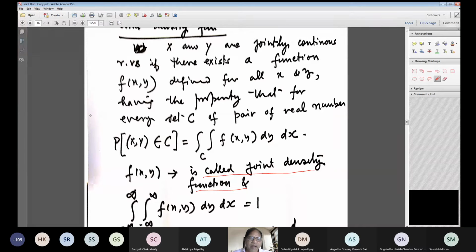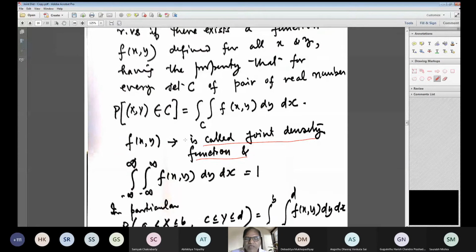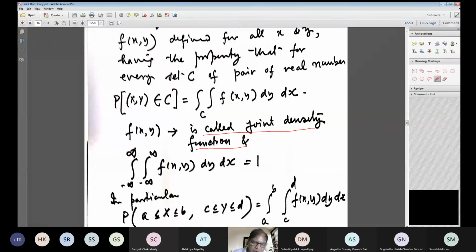So we have a pair of random variables x comma y, as you have seen here. Since it is a joint density function, as I told you, f_xy is non-negative, defined for all x and y, and the double integral from minus infinity to plus infinity, minus infinity to plus infinity, of f_xy dy dx will be 1.